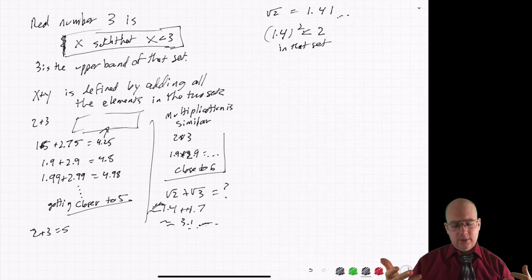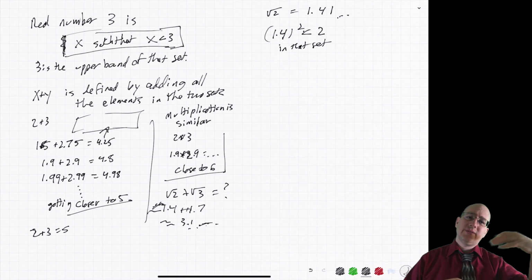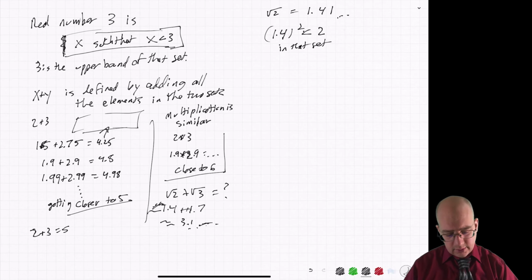Subtraction, if you want to define subtraction directly, then essentially you would subtract off things from the stuff outside of the set. But I would probably just go with negation.